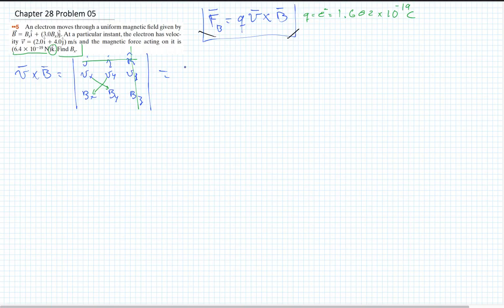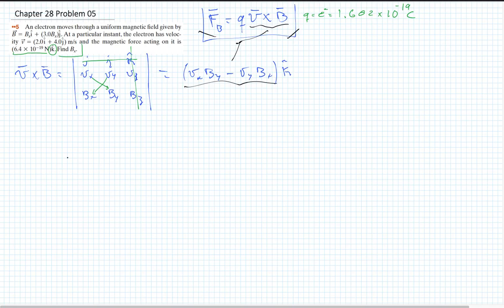So the total vector that we're going to need here truly is Vx By minus Vy Bx, in the k direction. Remember, this is the magnitude of this vector. Okay, so let's go. Now let's plug this into our formula, because this is going to be the result for this one.